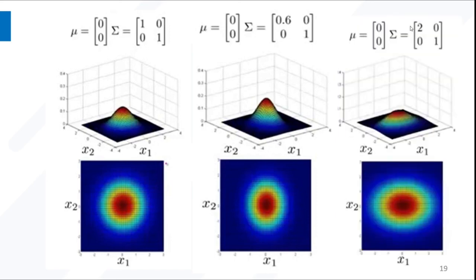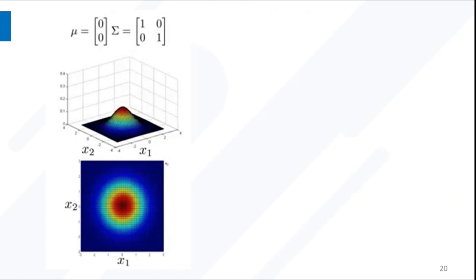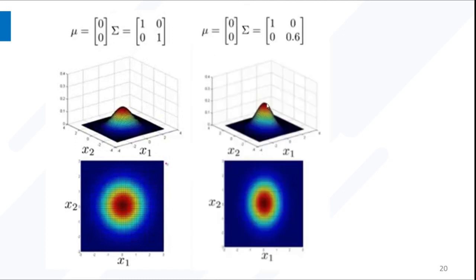The other option is, instead of 0.6, if I increase to 2, then it will be in the opposite direction. That means in the x direction the ellipse will have a larger diameter, and in the x1 direction the ellipse will have a lower dimension. Let us see other variations. For example, if you compare with the original plot, if I decrease the other variable instead of this one, the shape will be in this way.